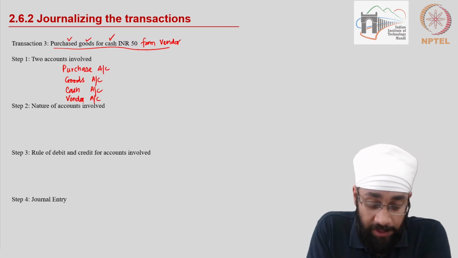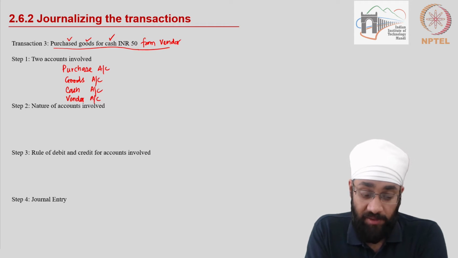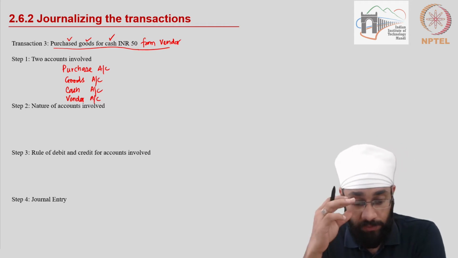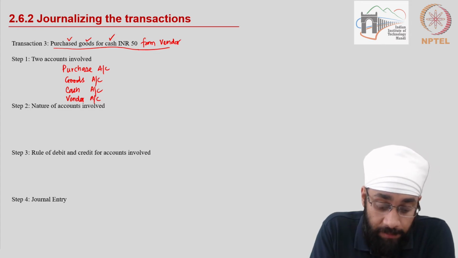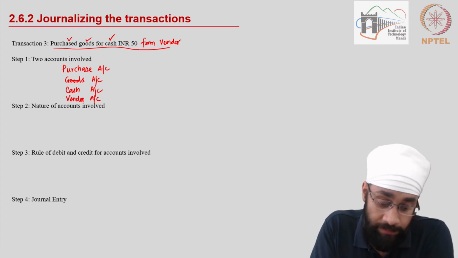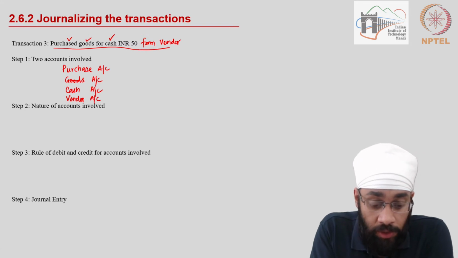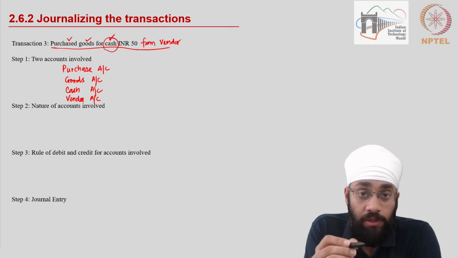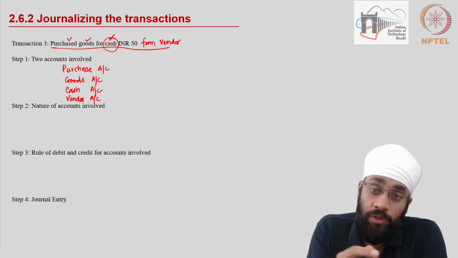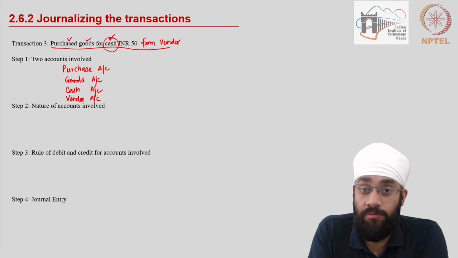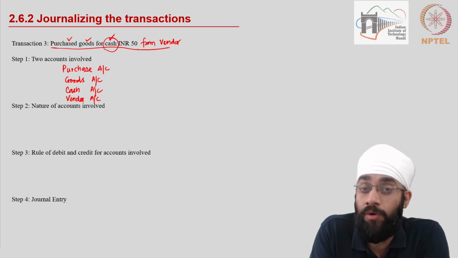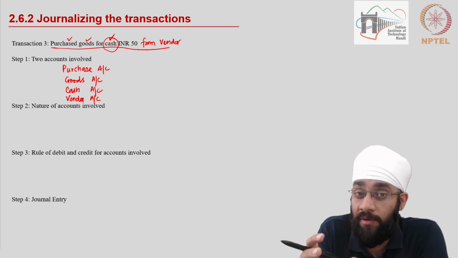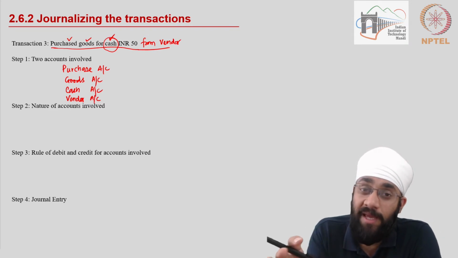Okay, accounts involved. Let me now try to eliminate and identify which two accounts are the correct accounts where the transaction should be written. Okay, let me go from bottom to up. Vendor's account. You are purchasing goods for cash, number one. When you are purchasing goods for cash, you are paying the vendor in cash. When you pay the vendor in cash, you don't need to worry about writing it in a notebook that you have paid this person in cash.